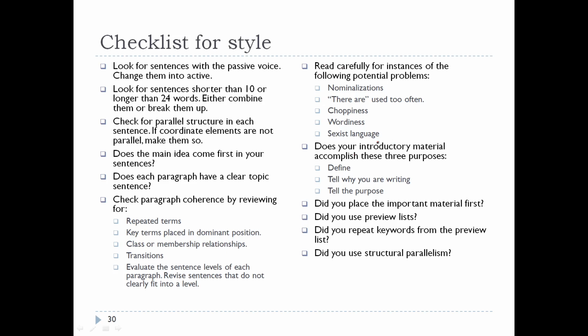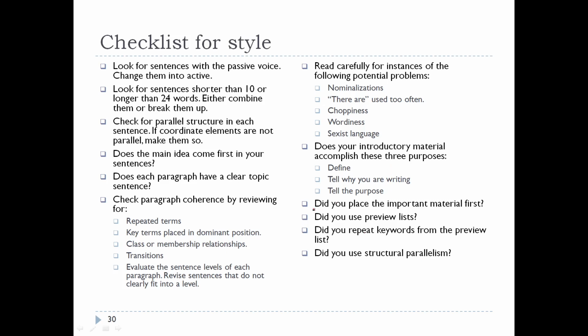Then you should revise for organization. So you should look at your introductory material and find out whether it serves these purposes. It defines key terms. It tells why you're writing, and it tells the reader what the purpose of the document is, like what the reader would be able to achieve after reading that document.